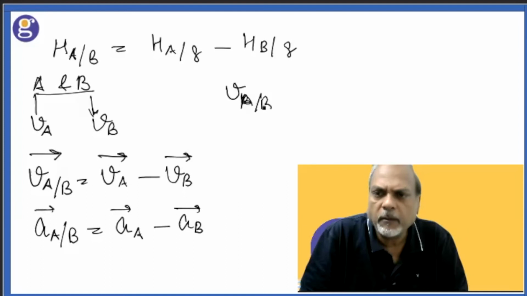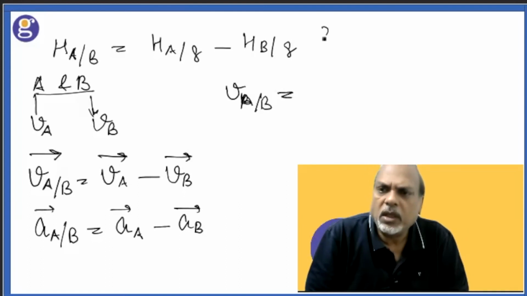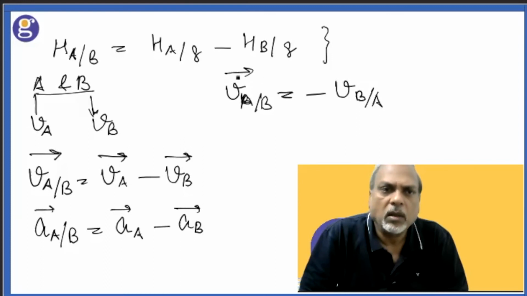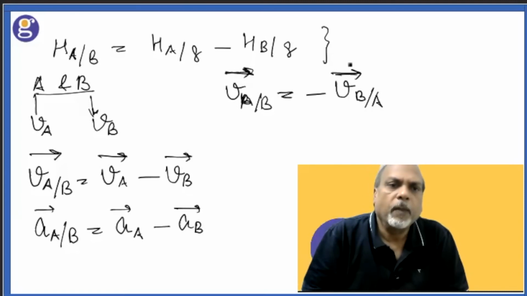Another more important thing is, suppose we have found the velocity of A with respect to B. With this same concept, we can always say velocity of A with respect to B will be nothing but minus the velocity of B with respect to A. Correct?